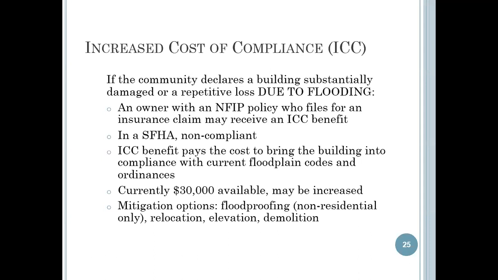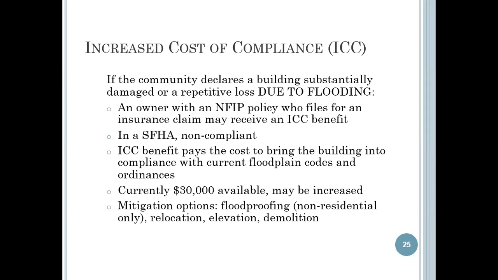So if they are required by the community to mitigate that property, they'll make a second claim for ICC, and it will be handled wholly and separately from the original damage claim. It's got to be in a special flood hazard area, and it's got to be non-compliant.